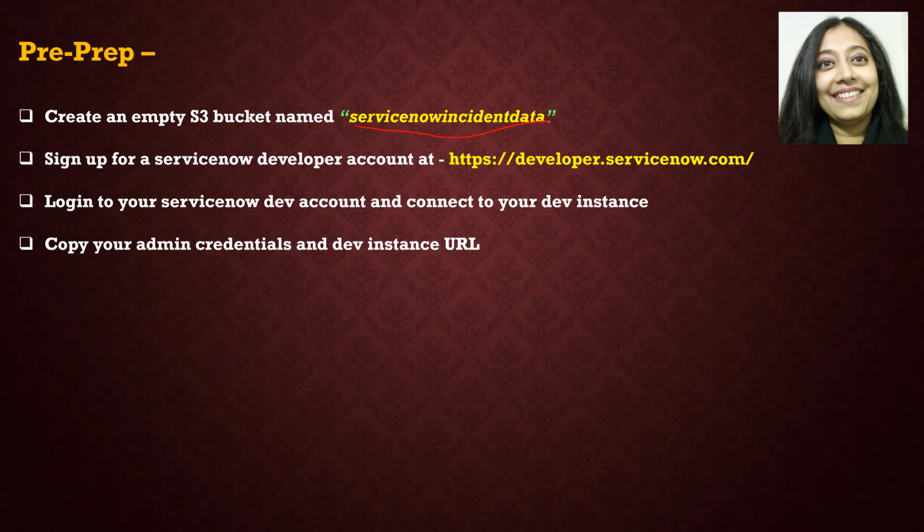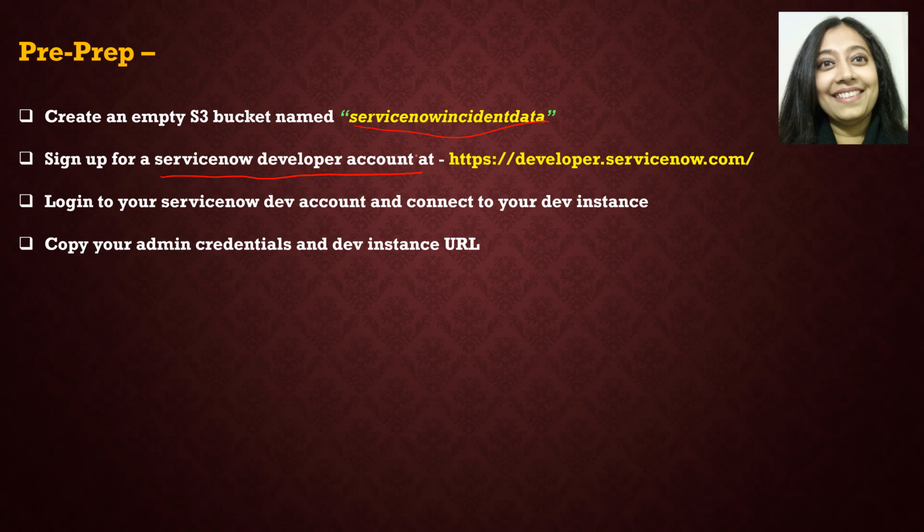After you have created your S3 bucket, go ahead and sign up for a ServiceNow developer account at https://developer.servicenow.com. This account is completely free of cost and does not require any credit card information for sign up.